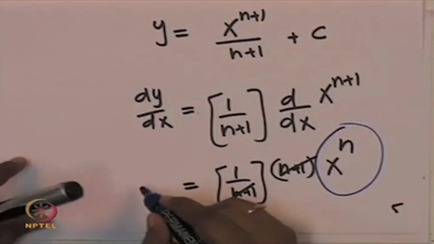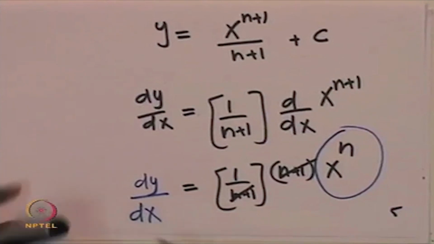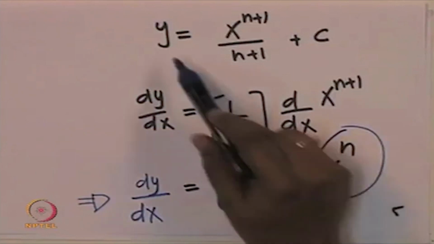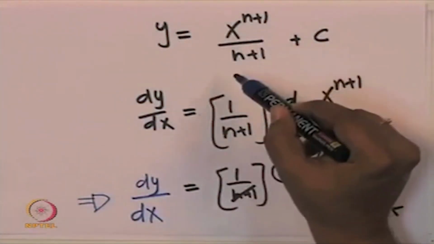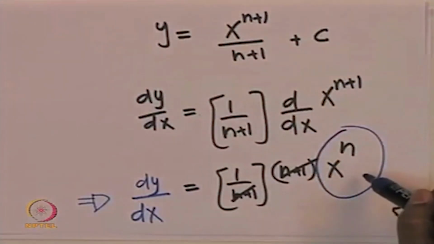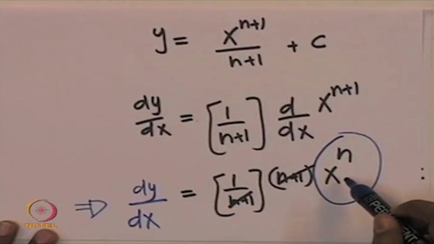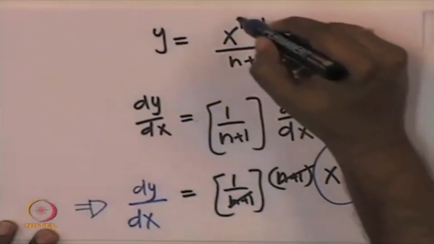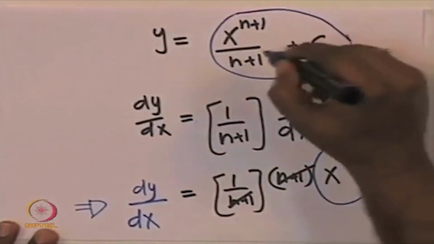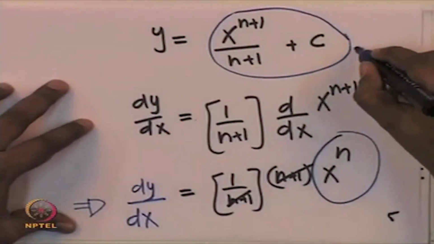So dy by dx finally is x power n. If you have y equal to x power n plus 1 by n plus 1 plus a constant, and you find the derivative, you get x power n. In other words, if you have x power n as the derivative, the integral of that is this. So this and this are connected, they are complementary.